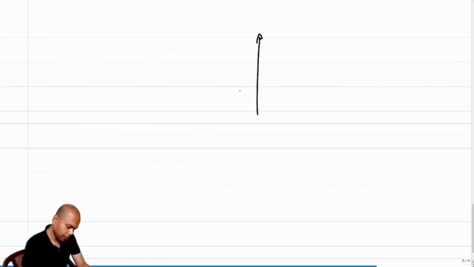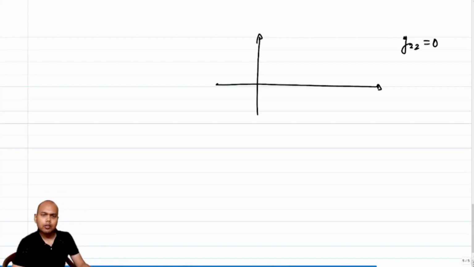Now when we said that my Y22 is equal to 0, what did we say? Again, what is Y22? Y22 is the slope of the characteristics between I2 and V2.